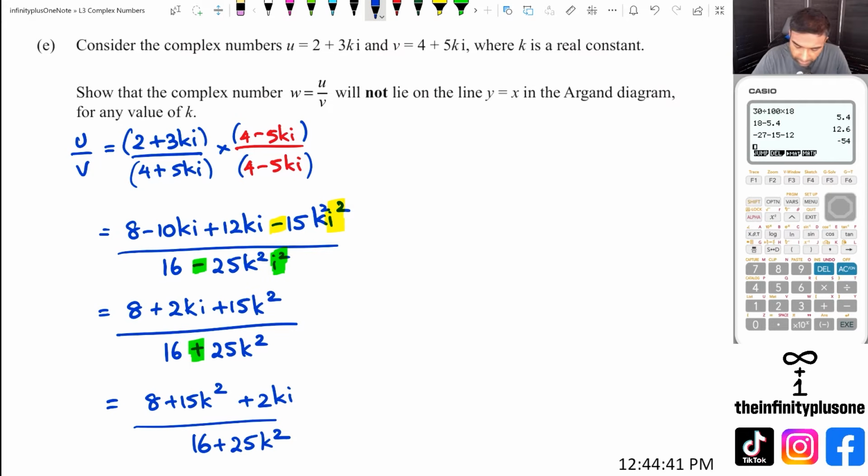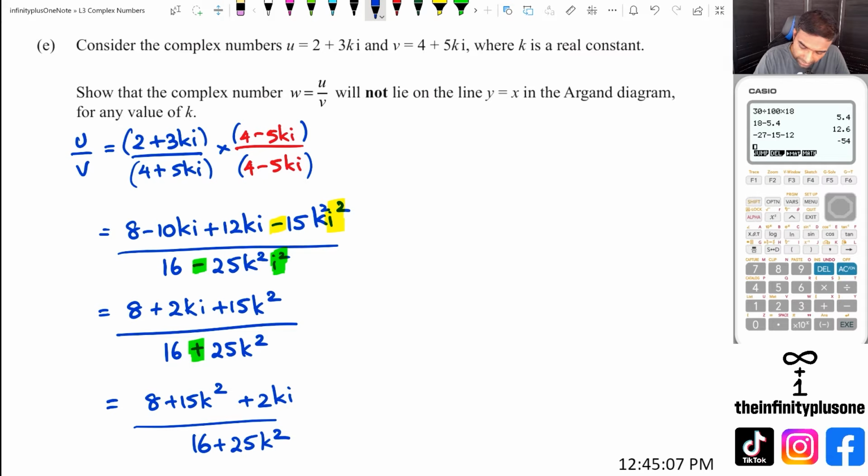Now, it says that it will not lie on the line y equals x. So what I could do is, if it does lie on the line y equals x, then the real part is going to equal the imaginary part. Because if you remember, y equals x is a straight line. And if it's a straight line, then the real part is equal to the imaginary part.